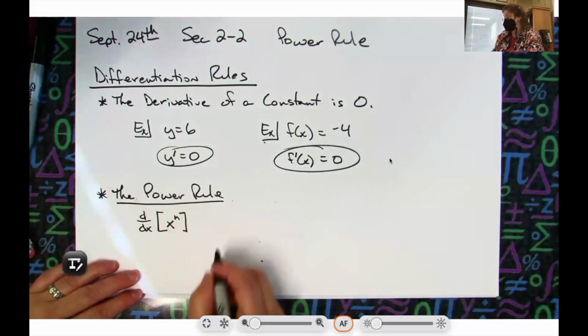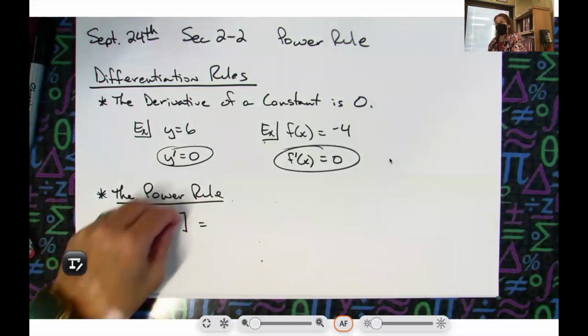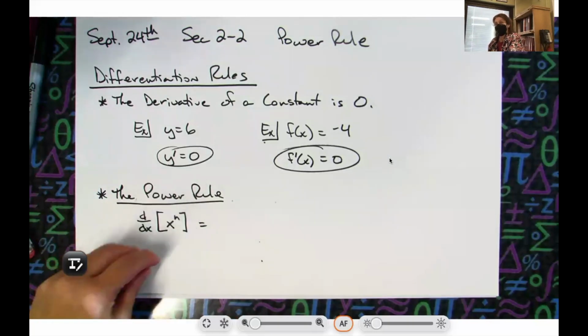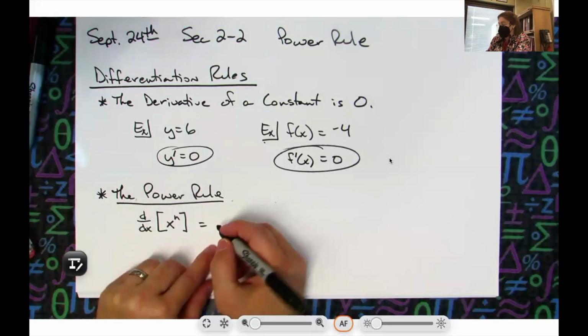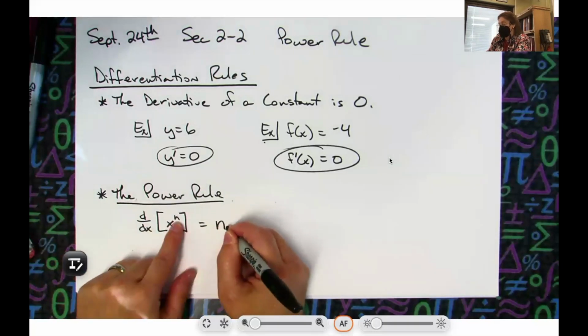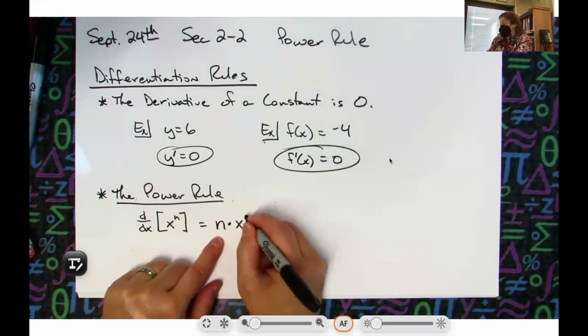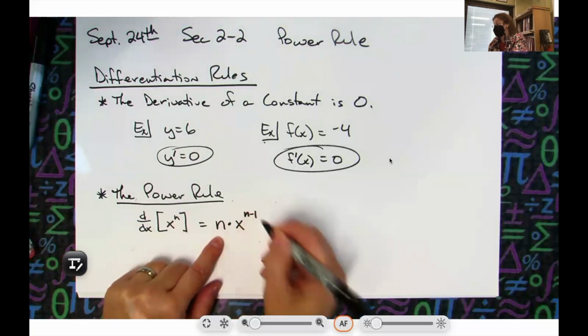That's me taking the derivative of a polynomial function, x raised to some number. The formula is going to be n, my exponent, times x raised to the n minus 1.